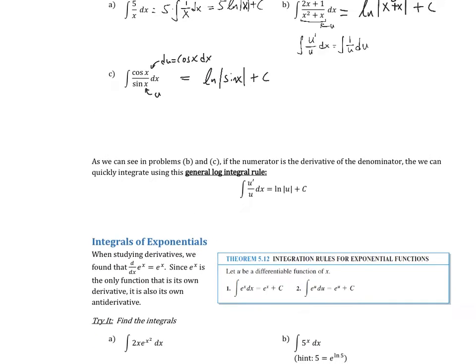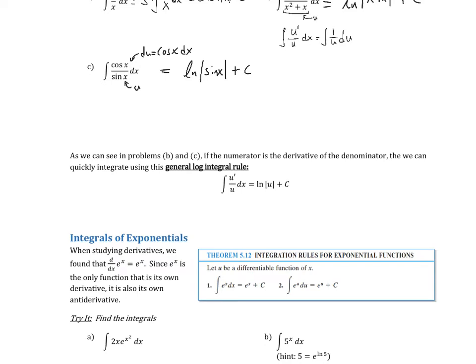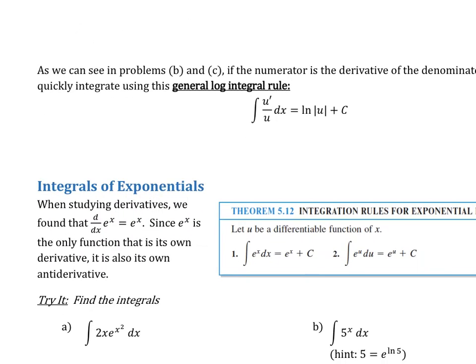And that's all there is to it. You see that fraction? Then we think of the log. The antiderivative is going to be the log. All right, so this is our general log rule. We've had the integral of u prime over u dx, so that's just going to be the natural log of u plus c. There's an important one to remember.